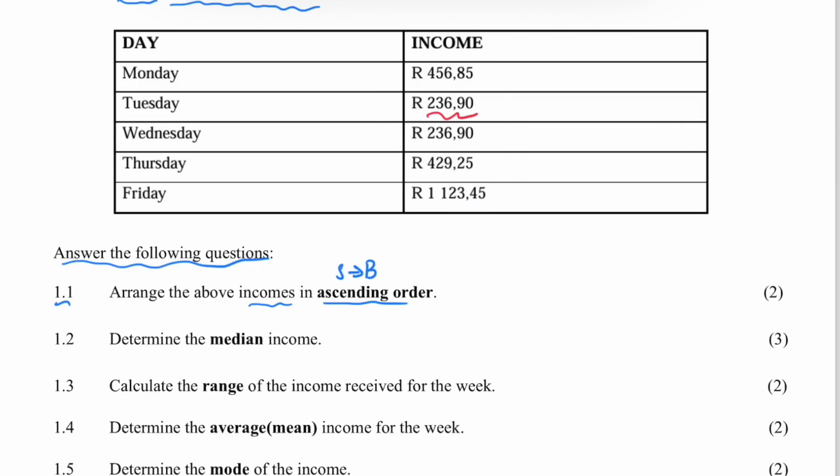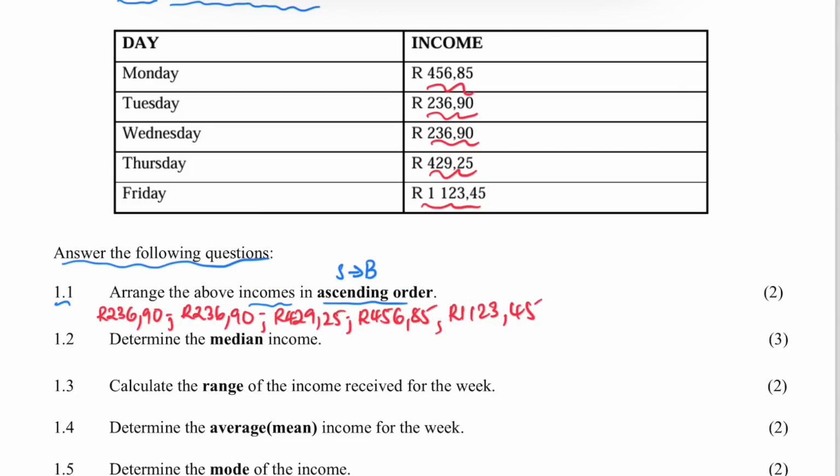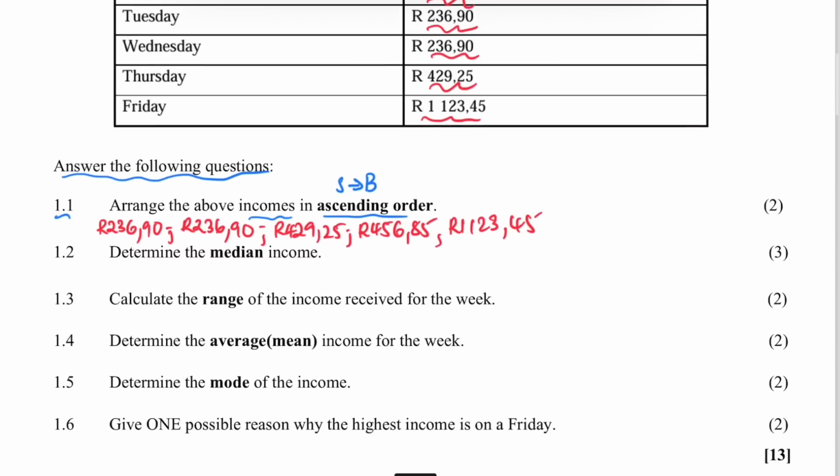It's going to be 236.90, and then another 236.90, and then we have 429.25, and then 456.85, and lastly on Friday, 1,123.45. So you see, I have arranged these numbers in ascending order, from the small one to the big one.